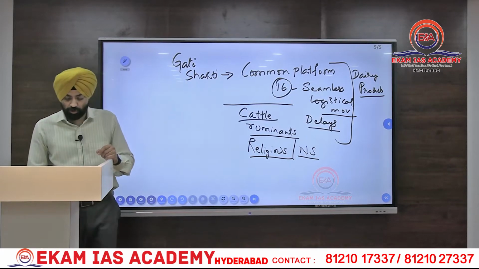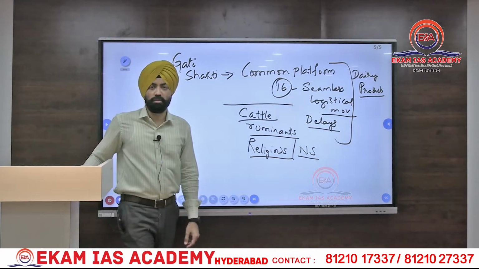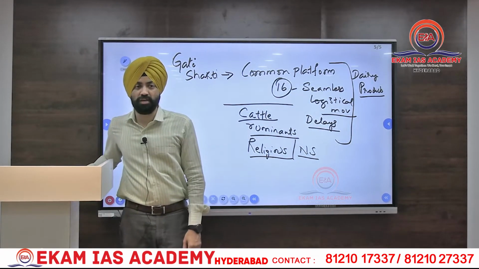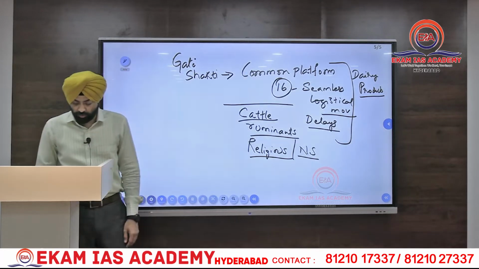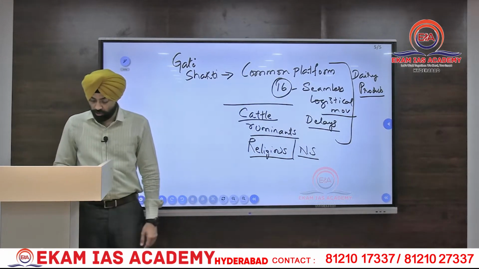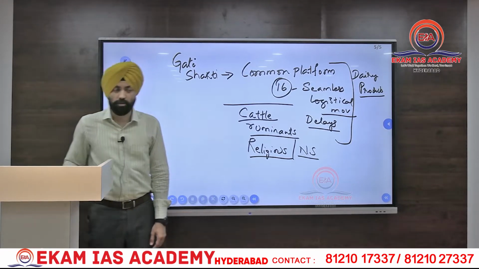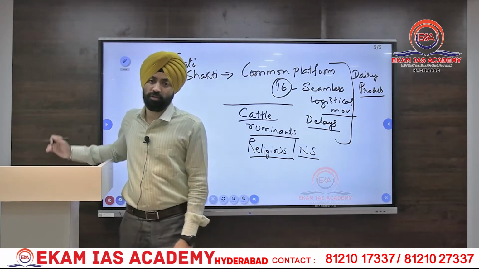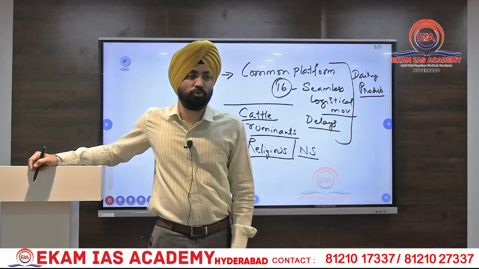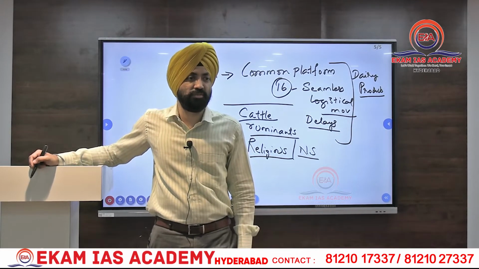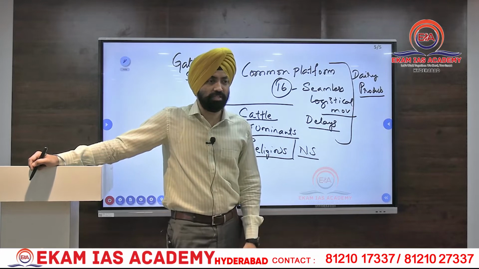USA, immediately followed by Bangladesh. And the largest trade imbalance we have is with China, followed by Iraq, then Switzerland. We are primarily purchasing gold from Switzerland. That is the reason why we have a high trade imbalance with Switzerland.